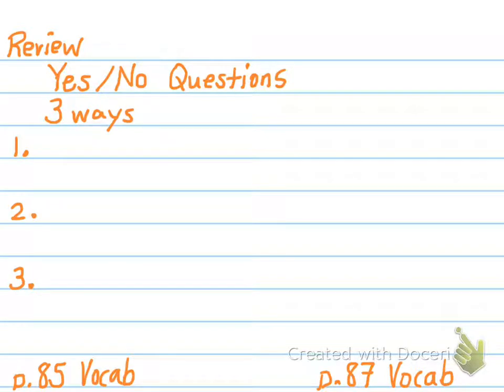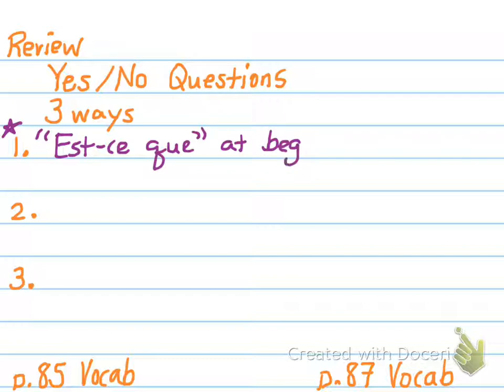You also learned about how to ask yes or no questions. And again, when we say yes or no questions, we mean questions that could be answered with simply a yes or a no. And there were 3 ways that we talked about. We're going to talk first about the best way, which is that we put est-ce que at the beginning of our statement.